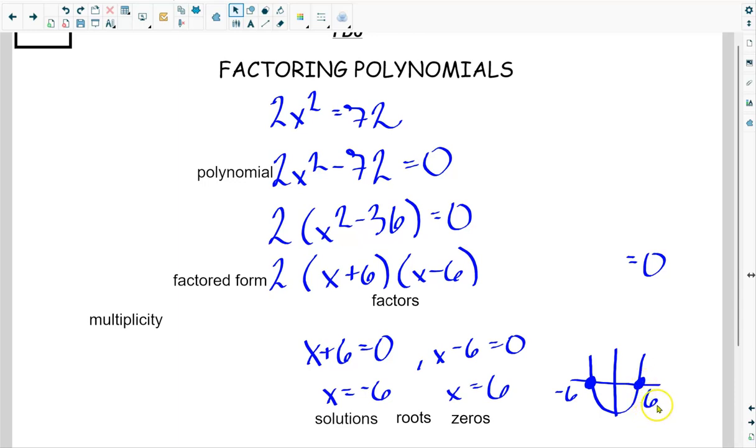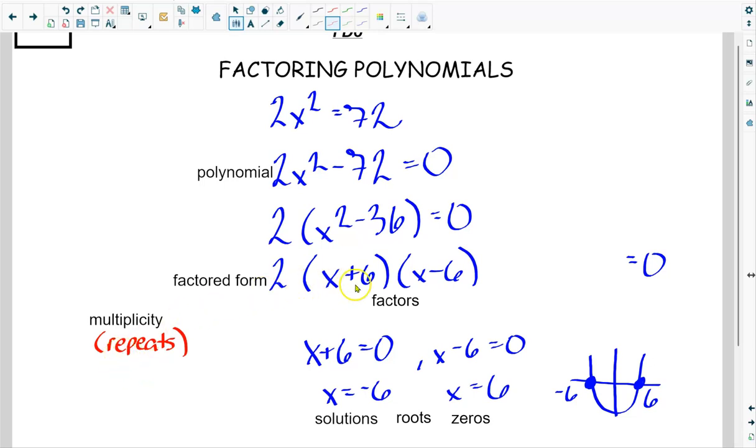A solution or a root or a zero is all the same thing. Alright, so the only one missing is multiplicity. All this means is like multiples, right? It repeats. Maybe I can write the word here, repeats.